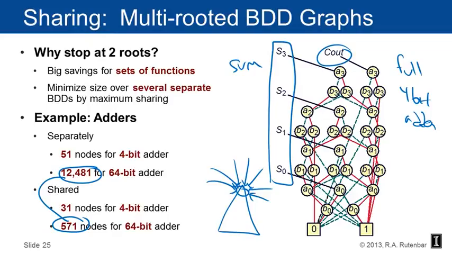So the multi-rooted idea, the sharing idea, the fact that we can exploit the fact that every node in a BDD is a Boolean function, and if somebody else needs to use it, they can just point to it. That's a wonderful thing. That's just a really great thing about binary decision diagrams.